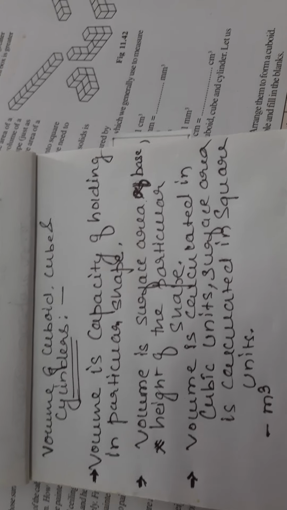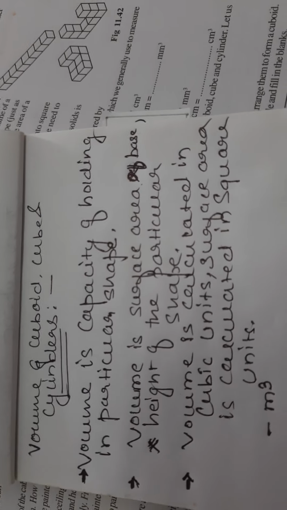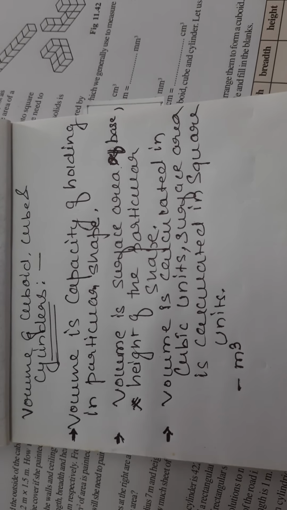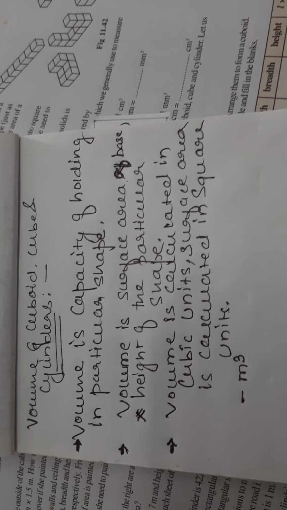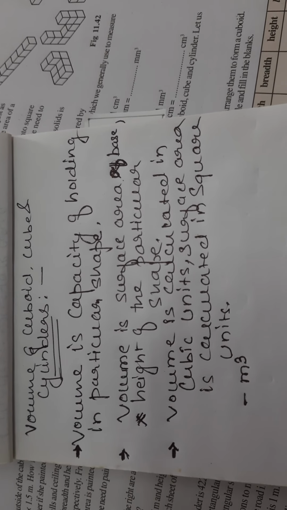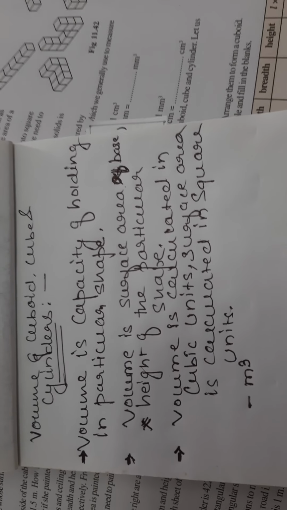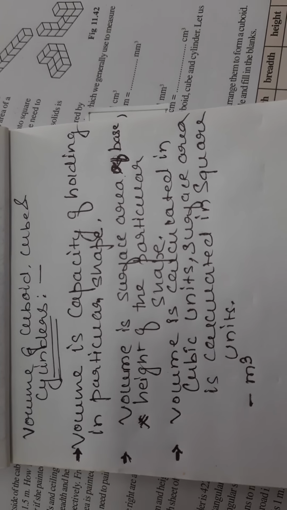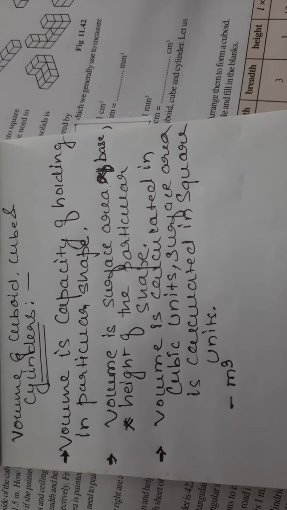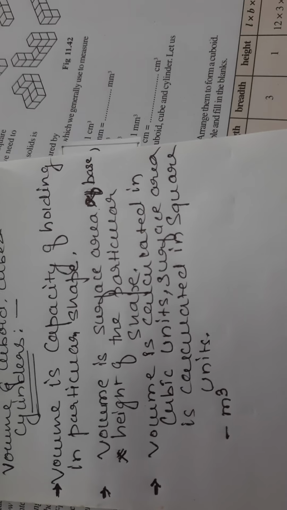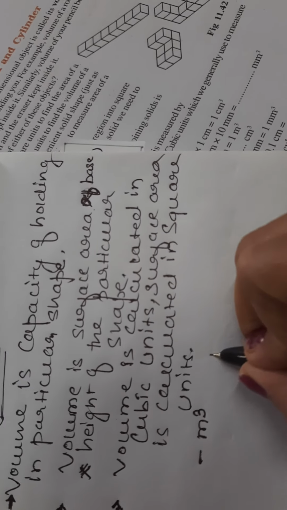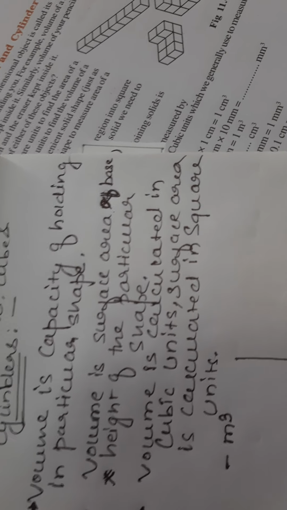The basic difference between a two-dimensional shape and a three-dimensional shape is that a two-dimensional shape is in a plane, that is the x-axis and y-axis, but a three-dimensional shape has three axes, x, y, and z. You must have seen the x-axis and y-axis.